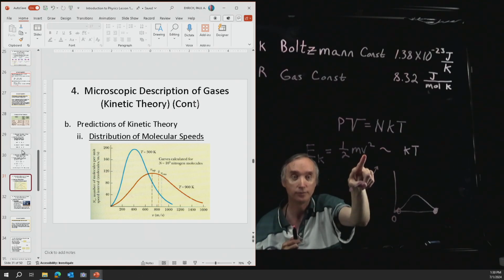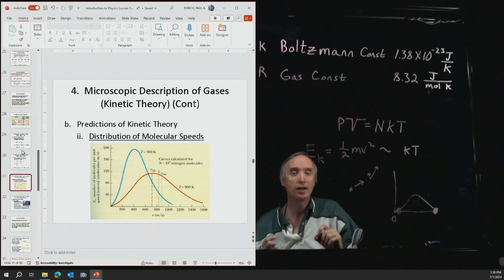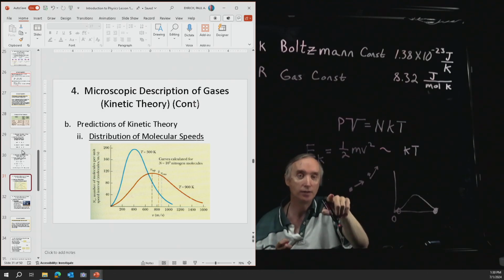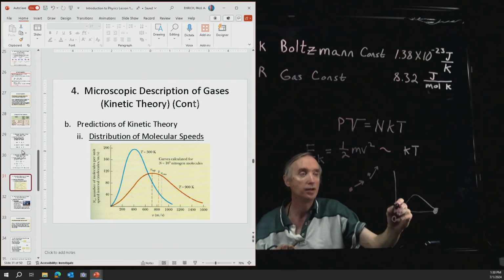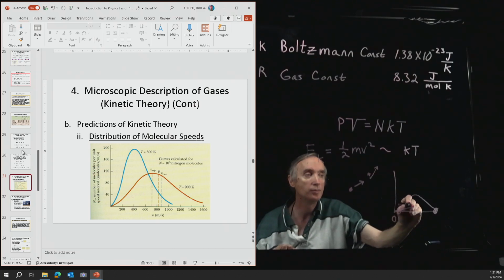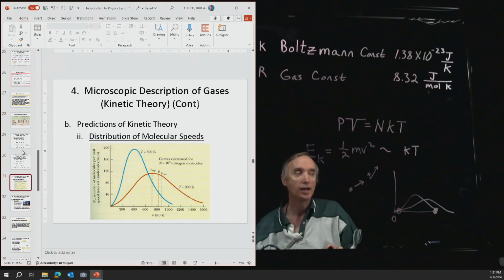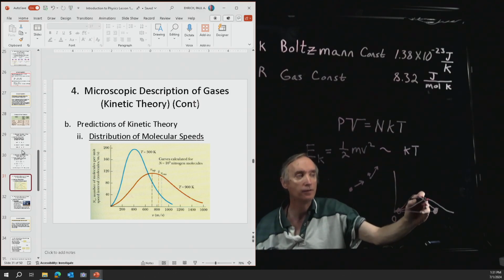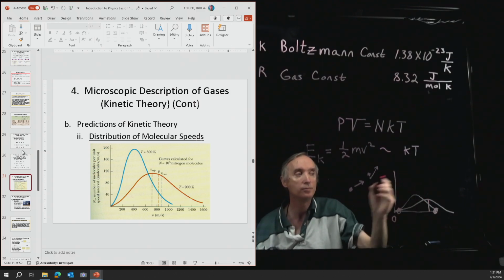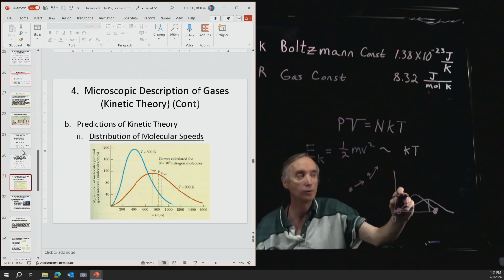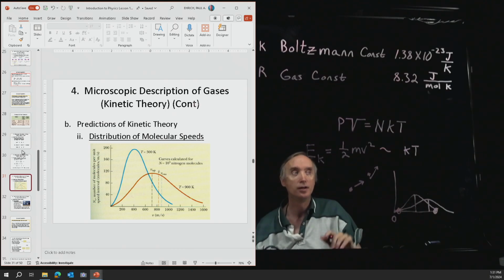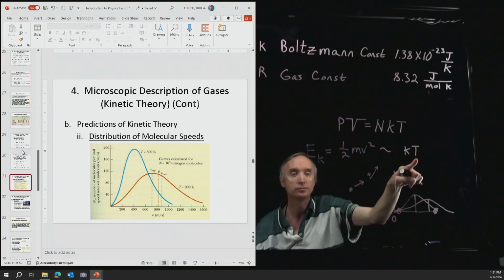And so what's going to happen then is we get the other curve there. The other curve is going to look like that. And now notice that the average speed is going to be higher. Here was the old average speed over here. Here's the new average speed, and it just got higher because we increased the temperature.